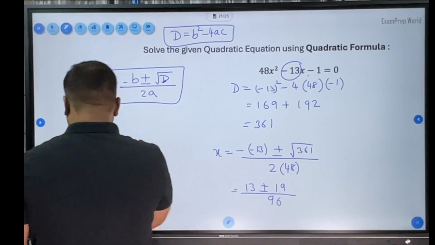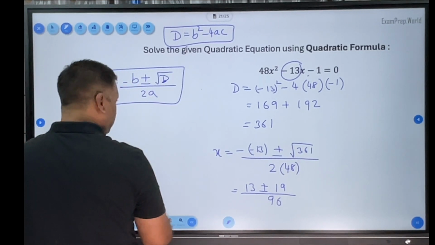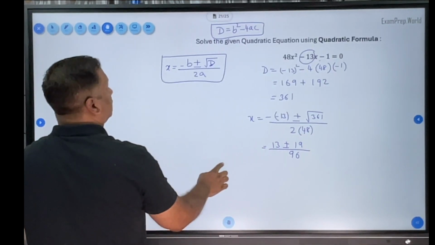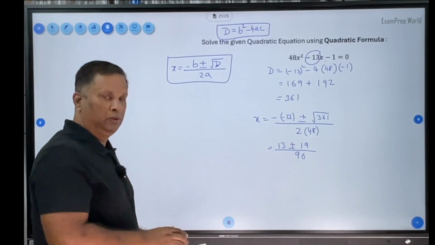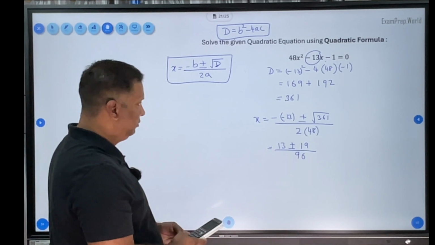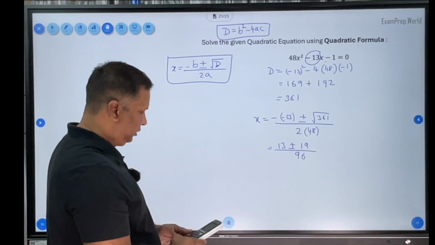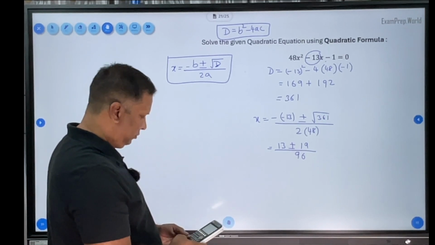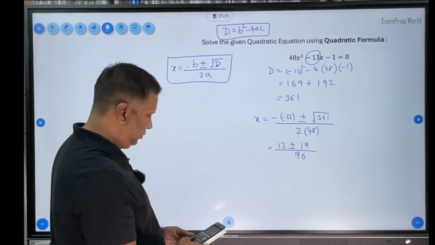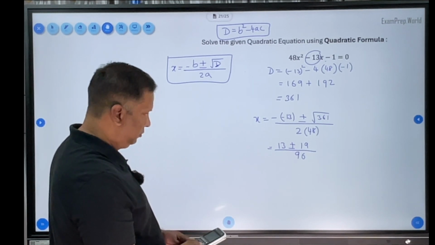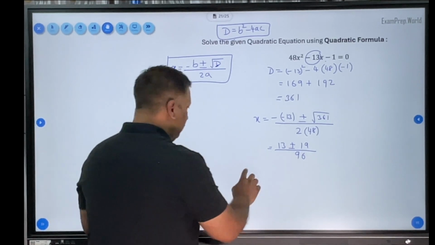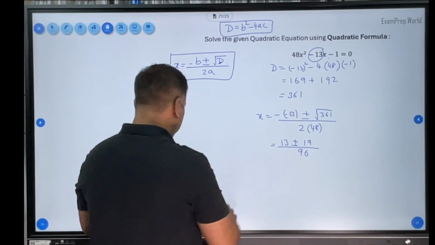So let's calculate how much it is. Let me shift this one here so that you are able to see. Now it is 13 plus 19 divided by 96. So one of the values, I'll write it in this fashion.